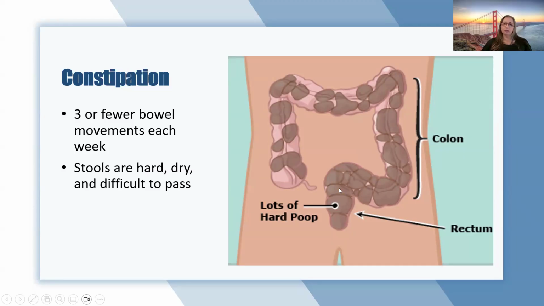And down in the lower part, if somebody is constipated and they're having trouble having a bowel movement, and they go a longer duration without having a BM, then the stool starts to pack in there and just build up.